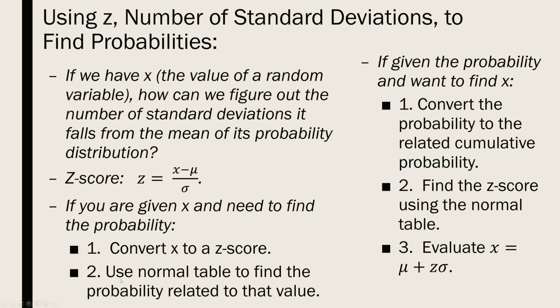Then you use the normal table to find the probability related to the value. If you are given the probability and want to find x, first you convert the probability to a cumulative probability. Then you find the z-score using the normal table. Last, you evaluate x equals mu plus z times sigma.